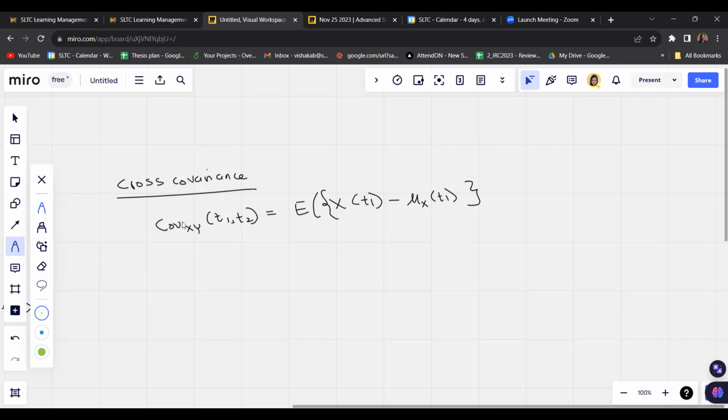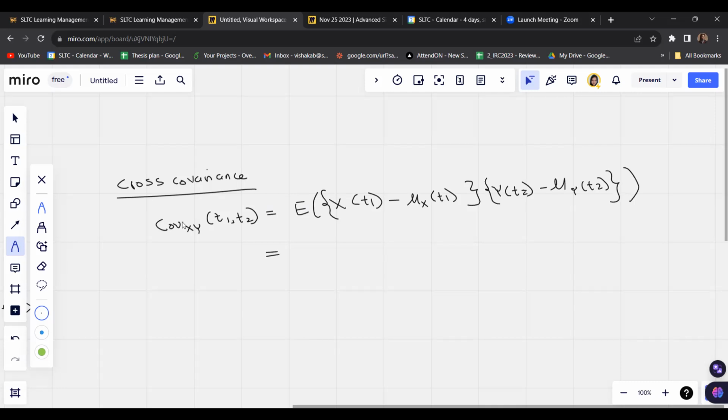Then we need to take the product of this term with the random variable yt2. yt2 also has its own average value, mu y t2 at t2. And this entire product we call the cross covariance value.